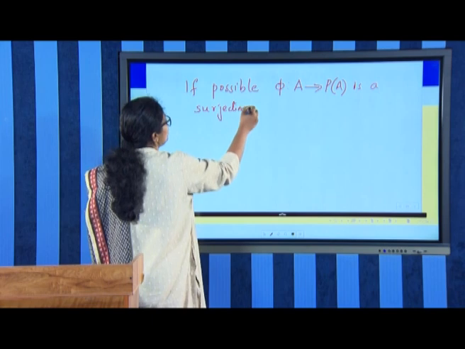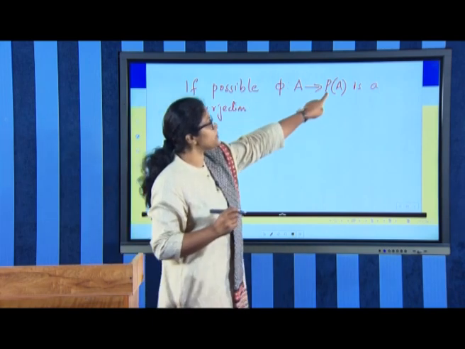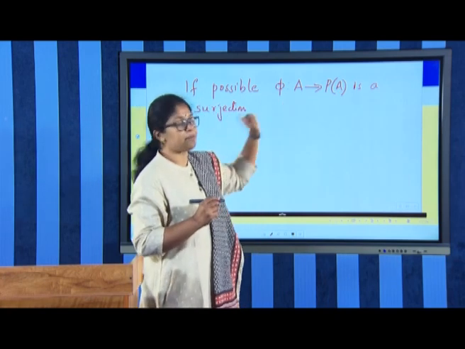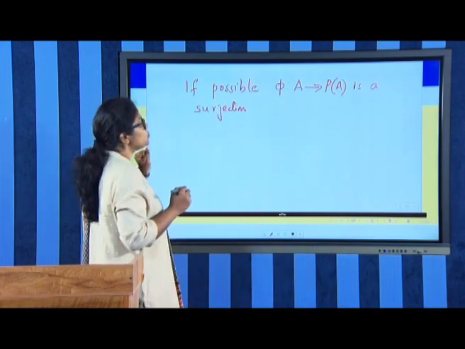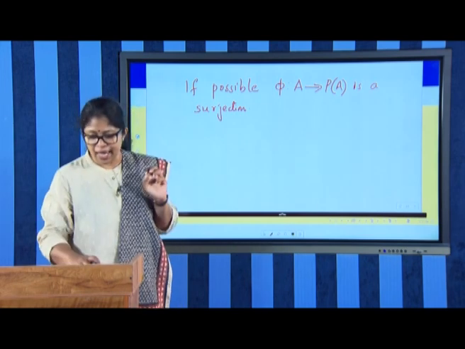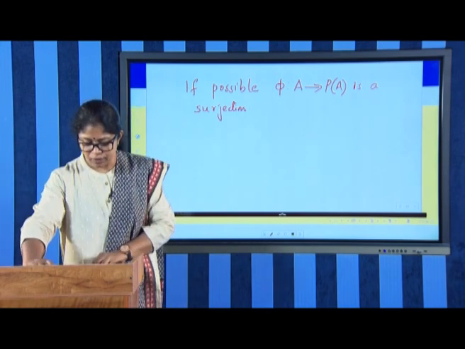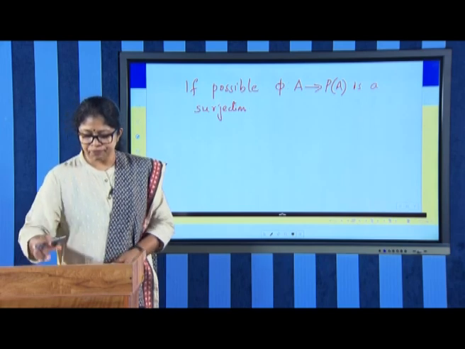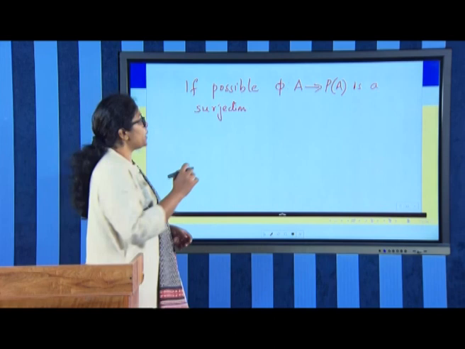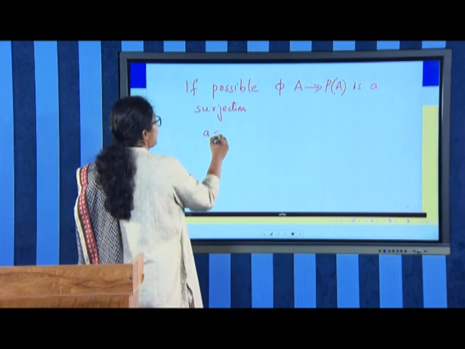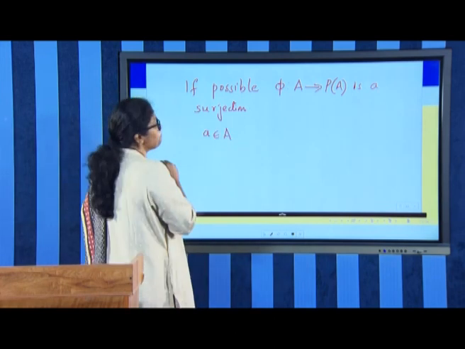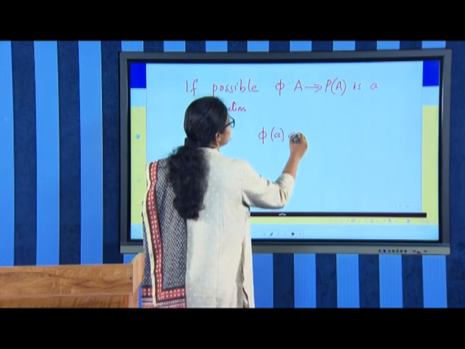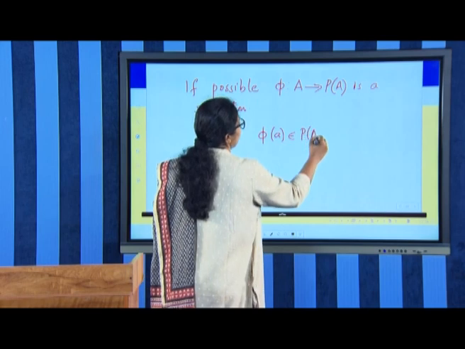So, surjection means what? For every subset in this set, we have a pre-image. So, we have for any element a of capital A, phi of a is definitely an element in P of A. Why?